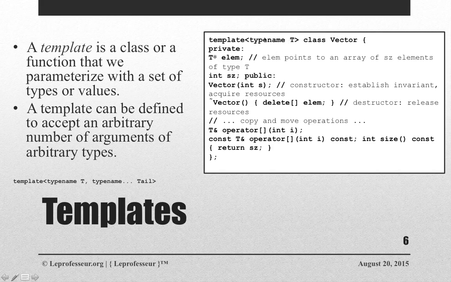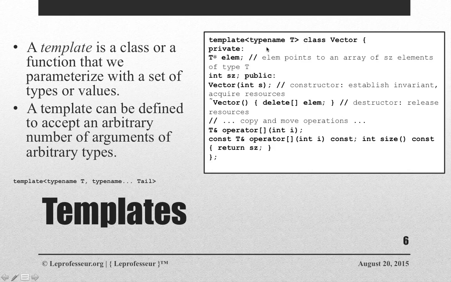But when you want to use this class vector as a truck, then this element will point to an array of trucks. So you don't have to define multiple times. You just define the class one time, and when you want to use this class, you just supply the type name that I want to use as a car and I want to use as a truck. It will take it accordingly. It's a beautiful mechanism, templates.